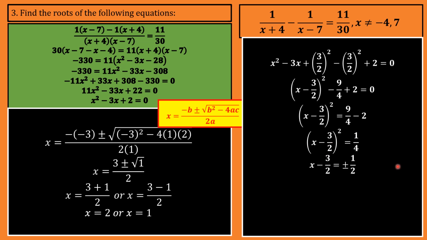Then taking under root to get rid of this square, we get x minus 3 upon 2 is equal to plus minus 1 upon 2, plus minus because squaring in both cases gives us 1 upon 4. So two values of x come out to be 3 upon 2 plus 1 upon 2 or 3 upon 2 minus 1 upon 2. Further, 4 upon 2 is 2, or 2 upon 2 is 1, two roots.